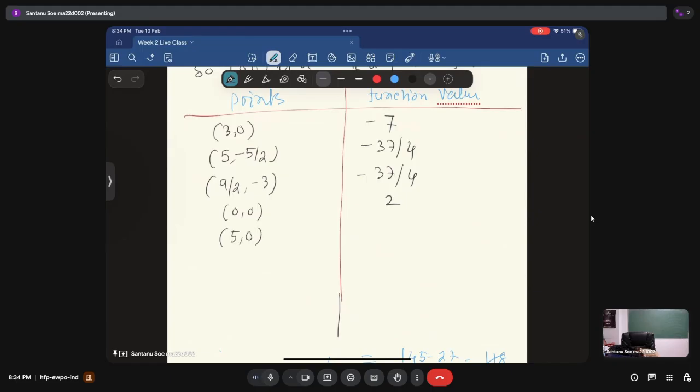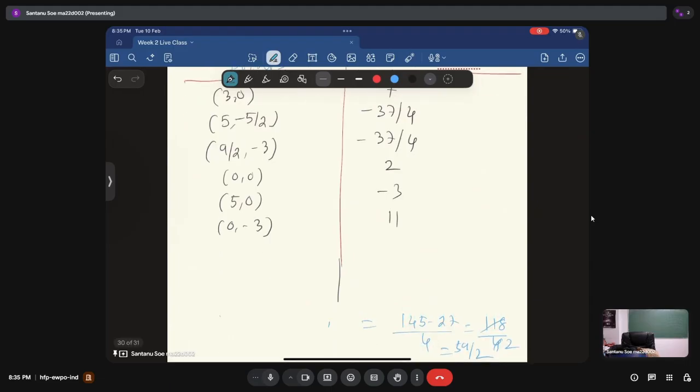At 5 comma 0 it is minus 3. At 0 comma minus 3 it is 11. So at 5 comma minus 3 it is minus 9, and at 4 comma minus 2 it is minus 10.